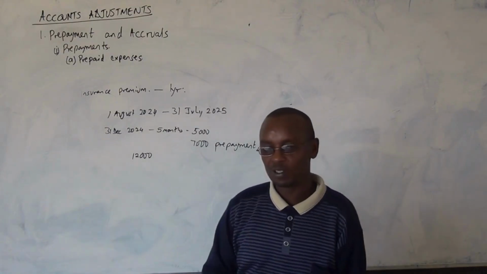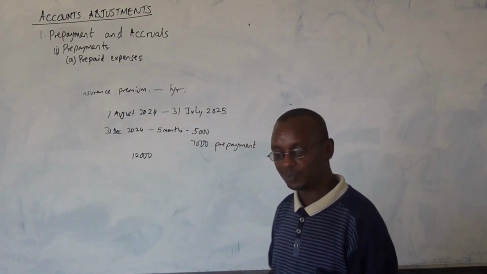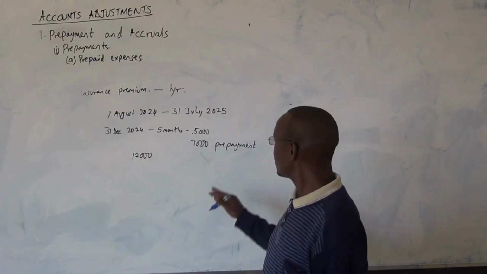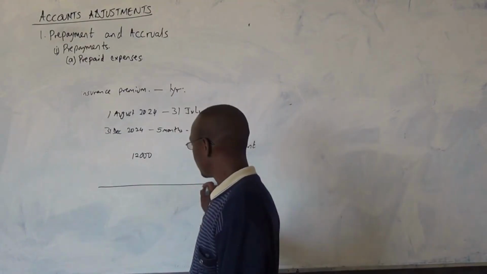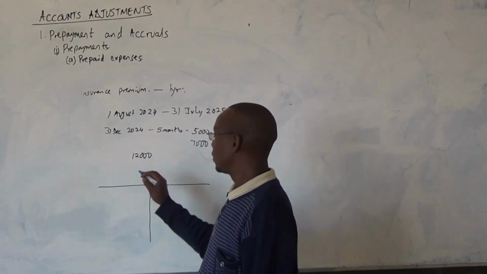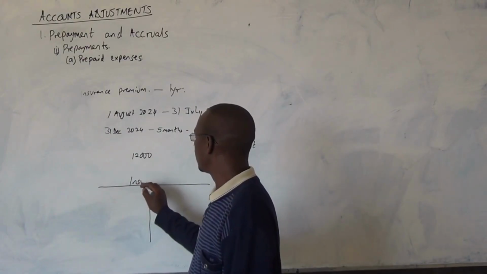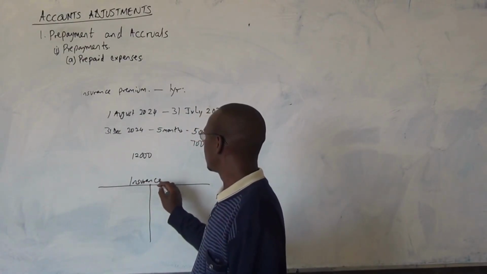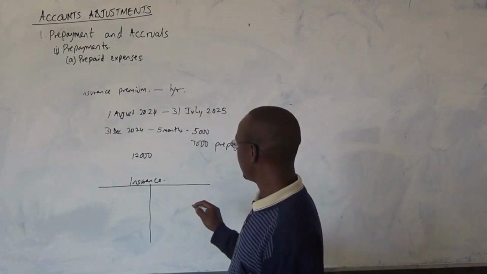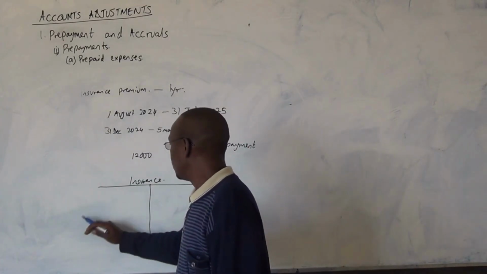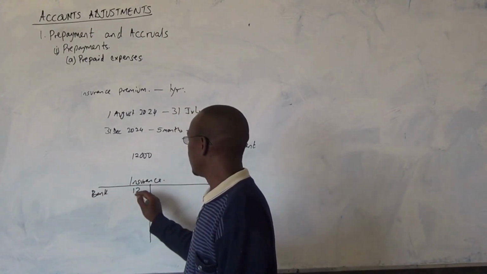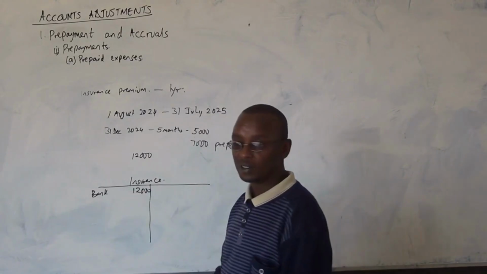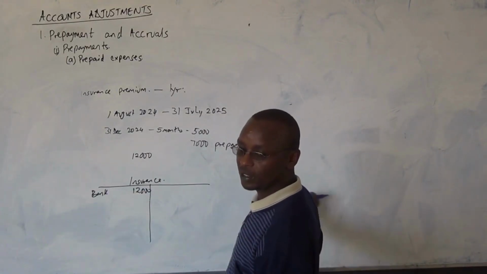Now, how do you account for this prepayment? In the insurance account, you have paid, so bank 12,000, and the double entry is related to the bank account.